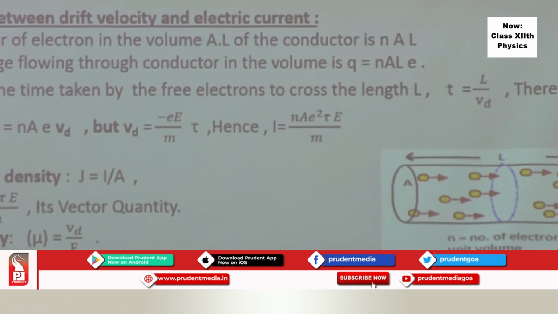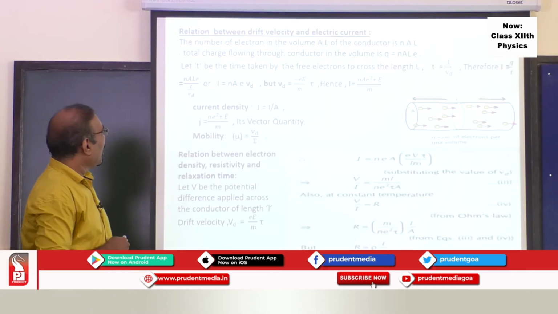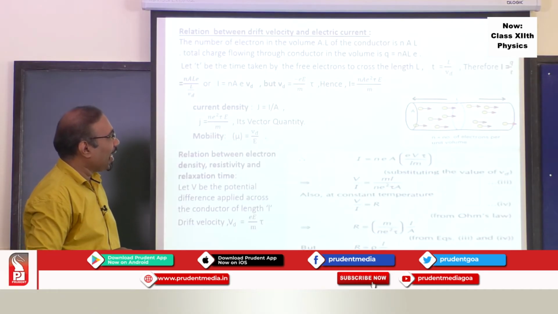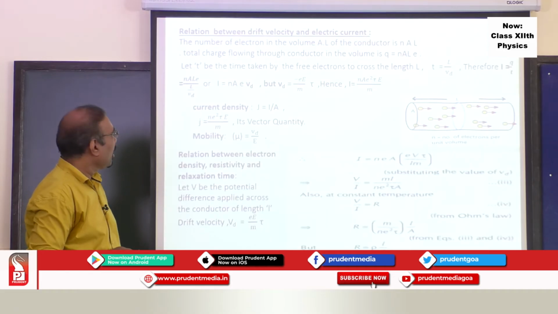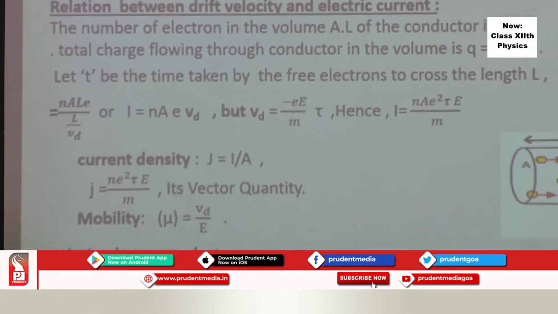And we use the formula for current: current is equal to charge upon time, nALe upon time. Time I can write as length upon velocity.